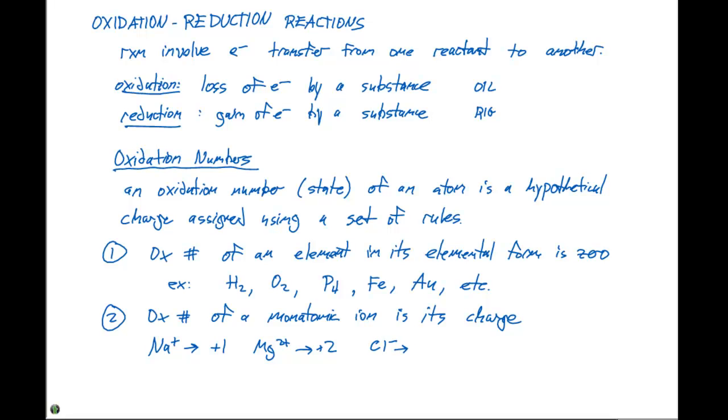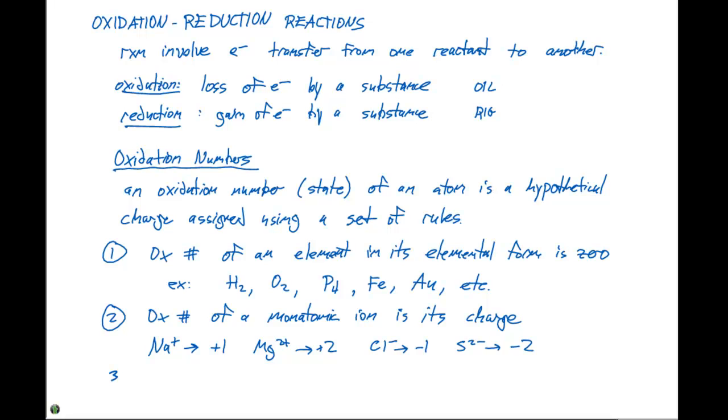Cl- has an oxidation state of -1, and S2- has an oxidation state of -2. If we look at the periodic table, the group 1A and the group 2A elements are going to have a +1 or a +2 charge, whereas the group 6A and 7A are going to have oxidation states of -2 and -1 respectively.